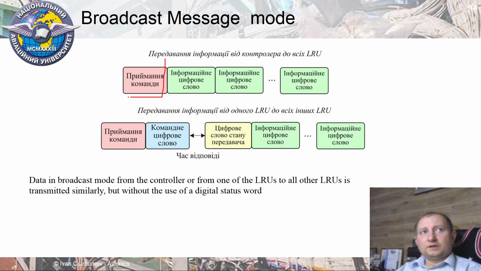If we would like to use broadcast mode from LRU to all other LRUs in the network, we also need to receive a command word from the bus controller, then the LRU which issues the data transmission needs to generate a status word about readiness for data transmission and then begin data transferring.